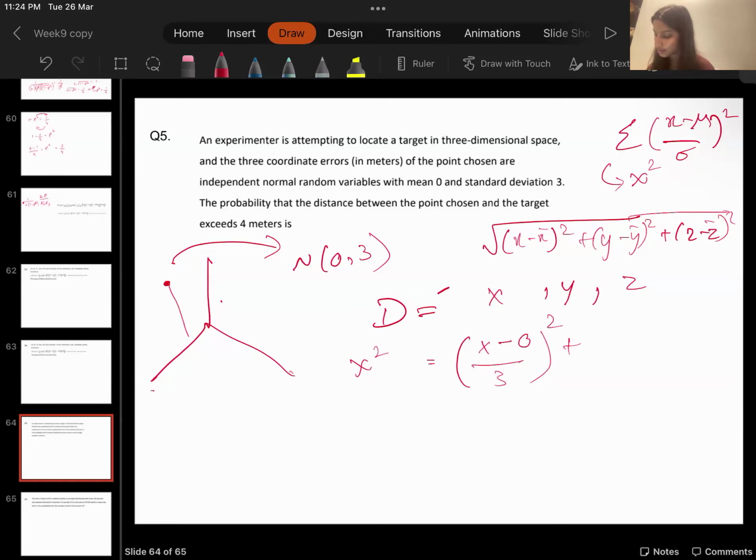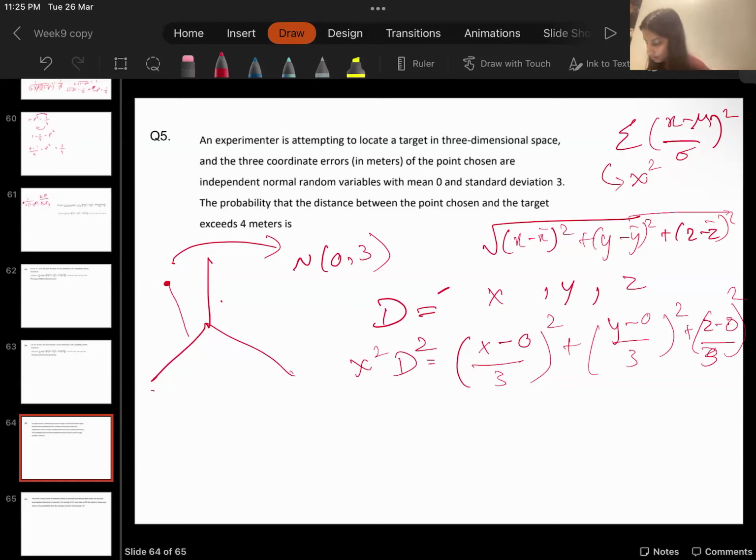So x minus 0 by 3 the whole square, plus y minus 0 by 3 the whole square, plus z minus 0 by 3 the whole square, gives you d square.